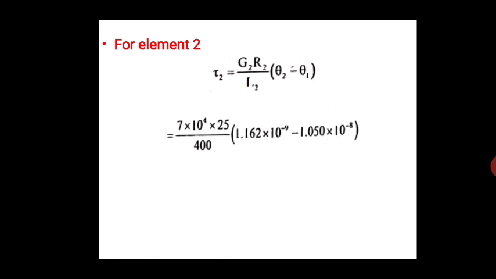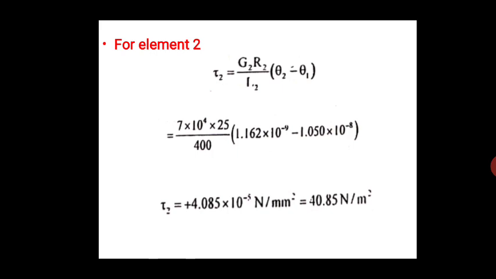Similarly, what is the stress developed in element 2? In element 2 also we can represent the shear stress equation, that is tau 2 is equal to G2 R2 divided by L2 into theta 2 minus theta 3. Here G is 7 into 10 raised 4, R is the radius of the second shaft element, that is 25, and the length of the second element is 400, into theta 2 is 1.162 into 10 raised minus 9, and theta 3 is minus 1.050 into 10 raised minus 8.